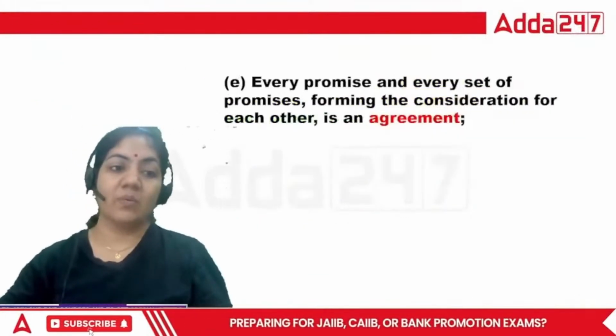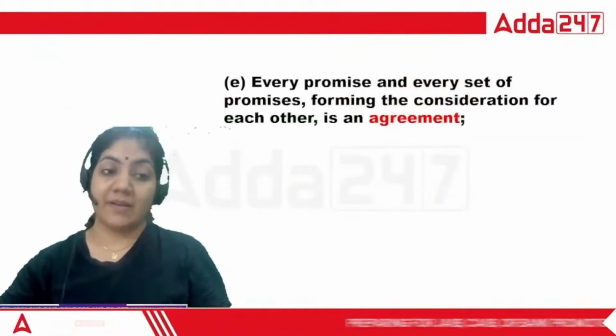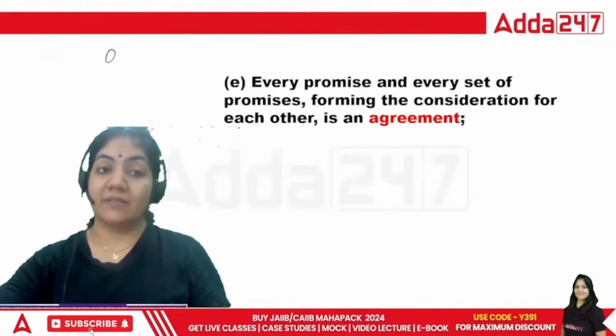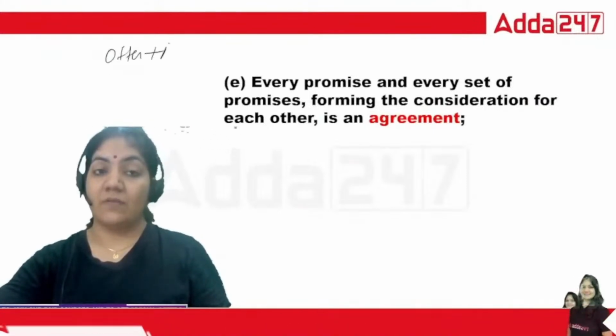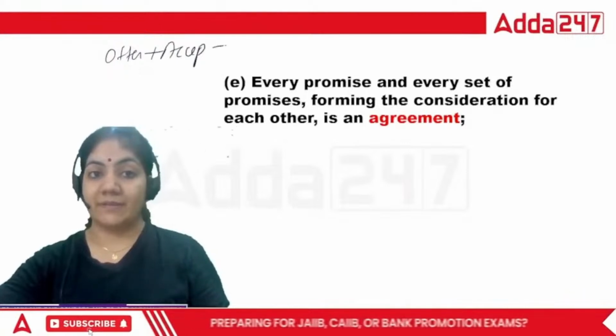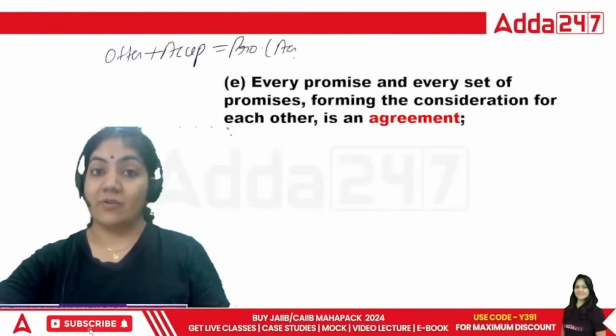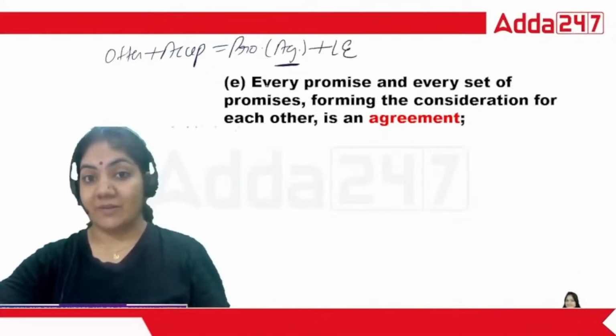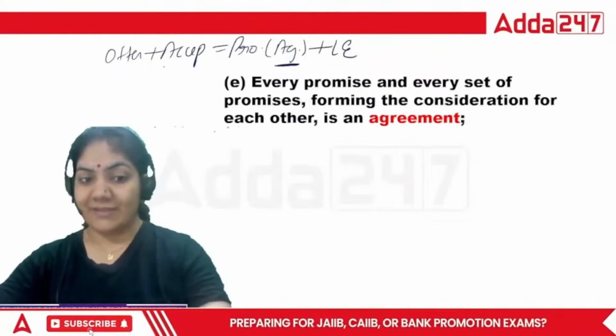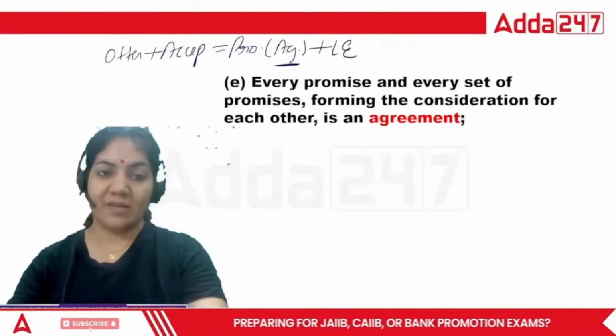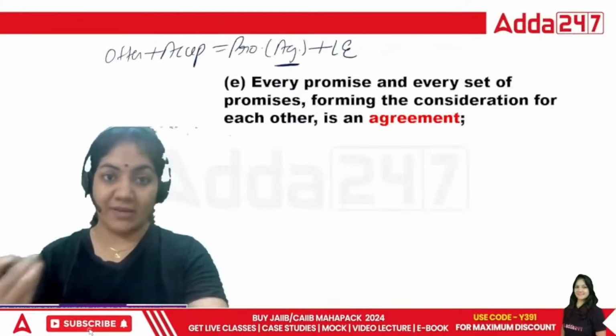Next, what is agreement? Agreement is nothing but see the formula: offer plus acceptance is equal to promise. Promise in legal terms is called agreement, plus law enforceability. So when an offer is accepted, that is called agreement.